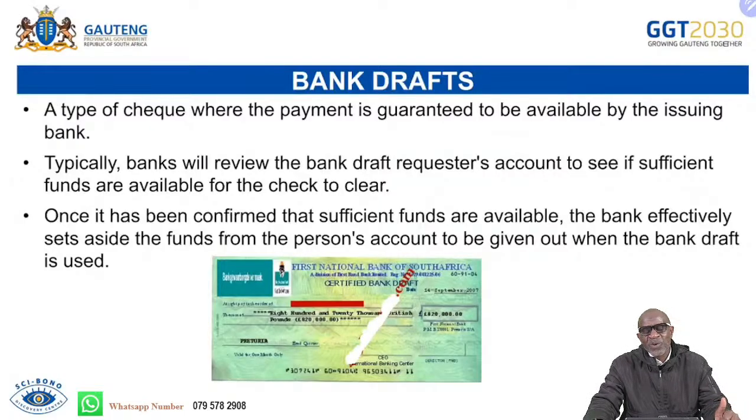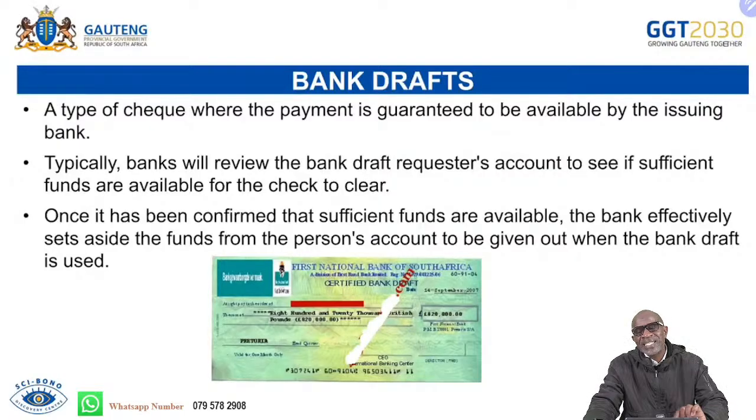Say, for instance, you have 20,000 in the bank, and you request a bank draft of 5,000. They will take 5,000 out of your account, leave it hanging somewhere, and your remaining balance will be 15,000.